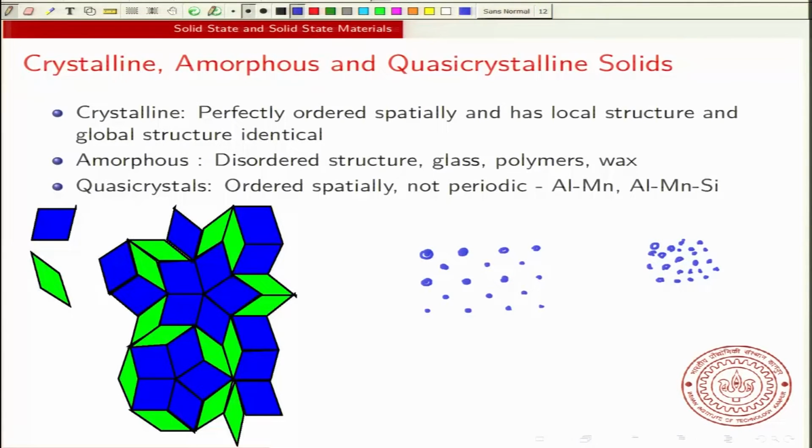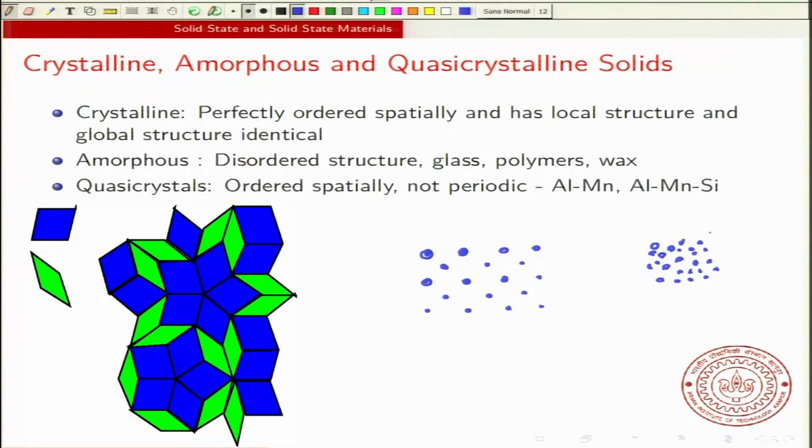The components of the amorphous solid are very close to each other, and so the atoms, if this is made of atoms, are not able to move much. However, it is not ordered. There is not much ordering of these atoms. So, it is a solid, but it is not perfectly ordered, and that is what you call an amorphous solid. It is a disordered structure.